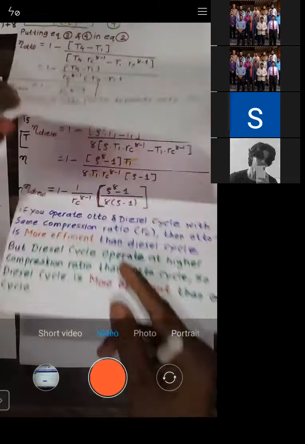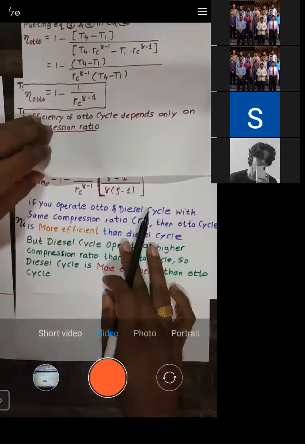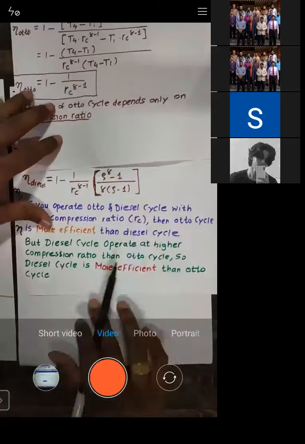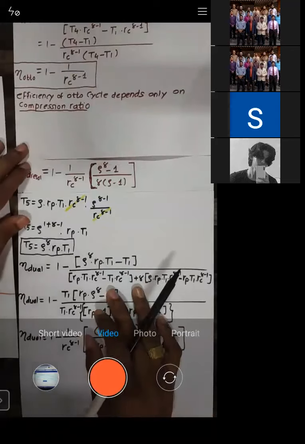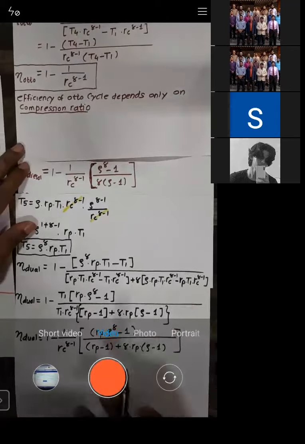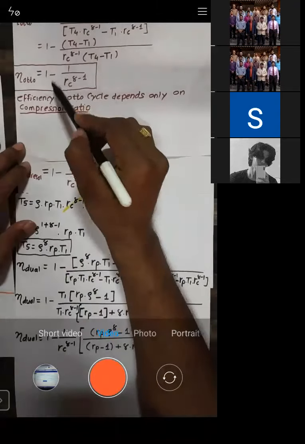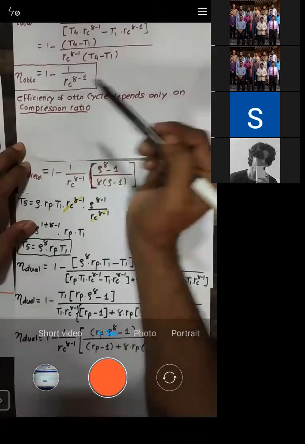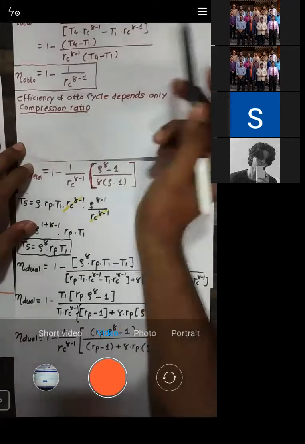I'll put one more page. This is the formula for efficiency of diesel cycle. What I have written is the formula for efficiency of dual cycle. This is the efficiency of Otto cycle, 1 minus 1 upon Rc raised to power gamma minus 1.